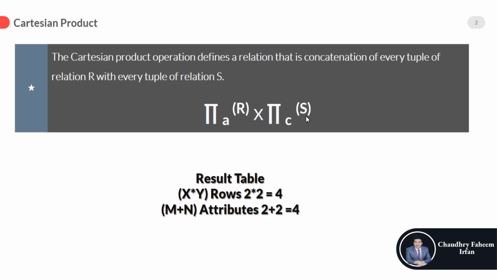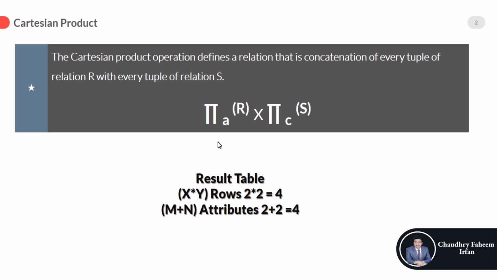The Cartesian product relation will have x multiplied by y tuples and m plus n attributes. For example, R contains two rows, which is x, and S also contains two rows. The result will be 2 multiplied by 2, which is equal to 4.